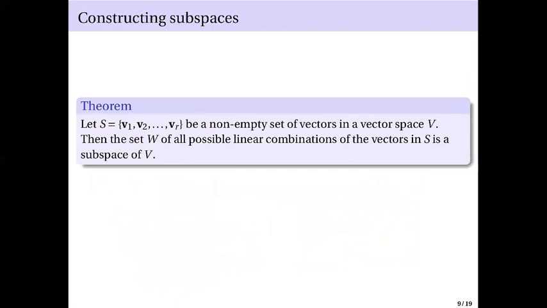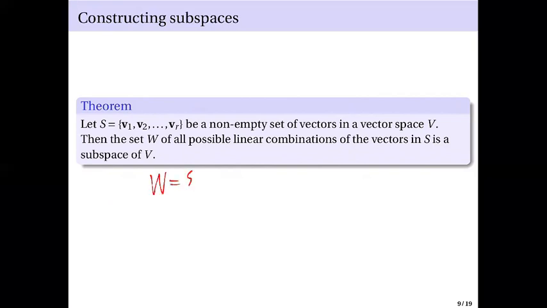Now, another construction. Suppose we get S equal to V1, V2 until VR, a non-empty set of vectors in a vector space V. We consider the set W to be all possible linear combinations of vectors in S. So let me write the W here.